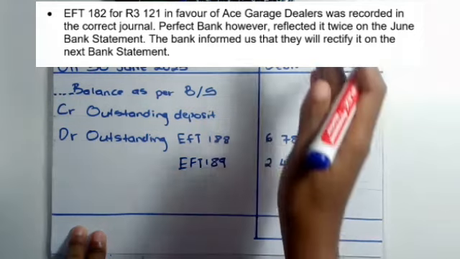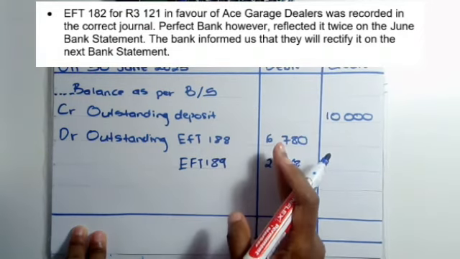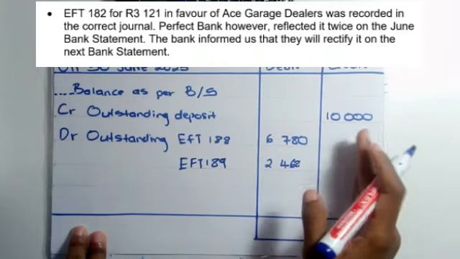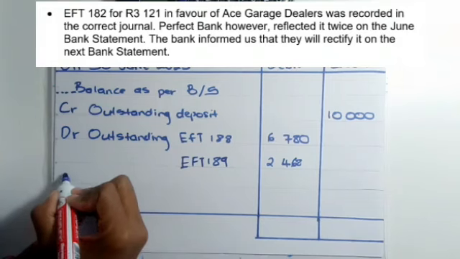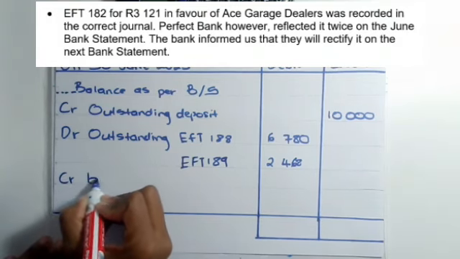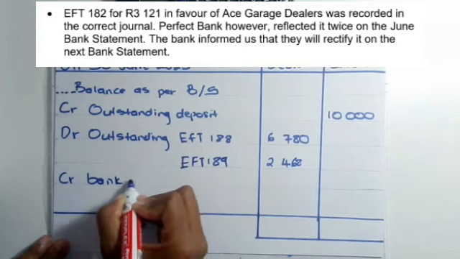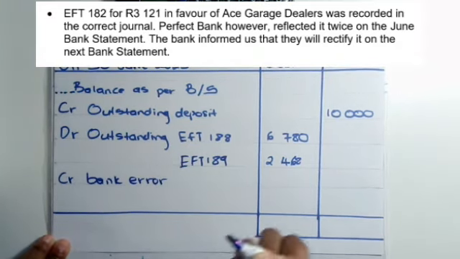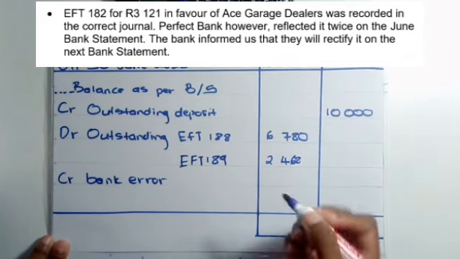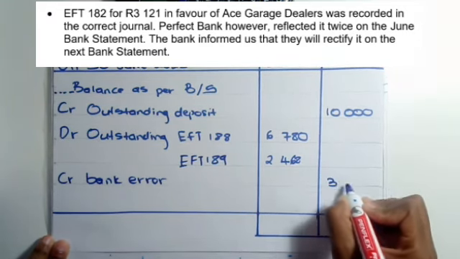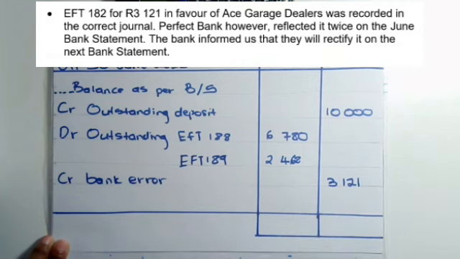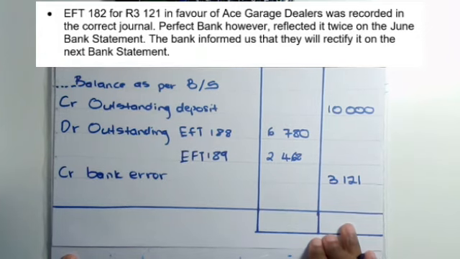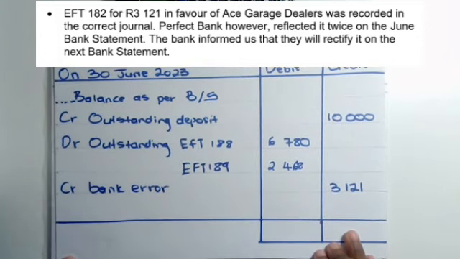Now you know that EFTs go on the debit side, but because this EFT, it's an error, we are going to correct it on the credit side. So you are going to say credit bank error. Even if you say credit EFT 182, you would have still been correct, so long as it is clear that you are dealing with this EFT that they said they will correct in the next bank statement that is to come.